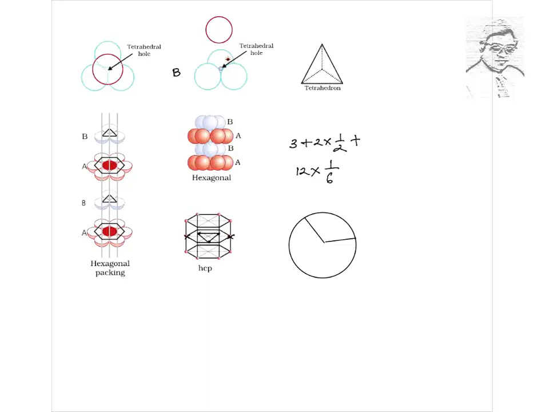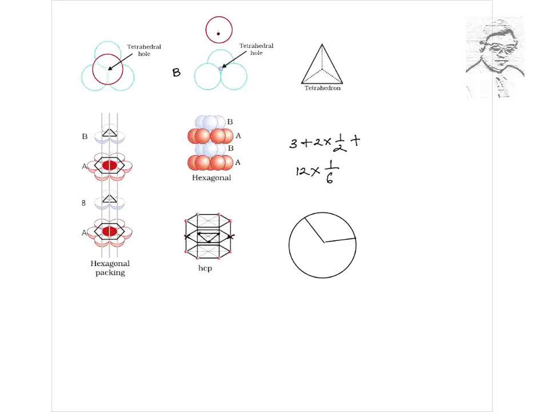If you remember the layering discussion, that's how we got the HCP structure. It was about hiding tetrahedral voids. So this ball is over this gap.